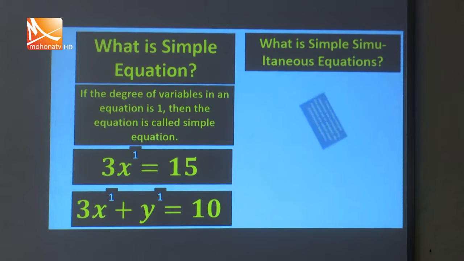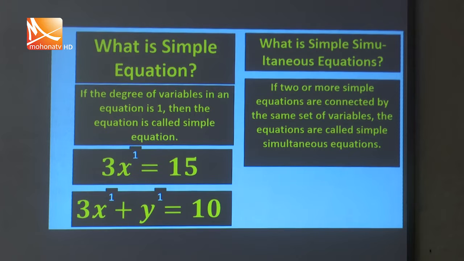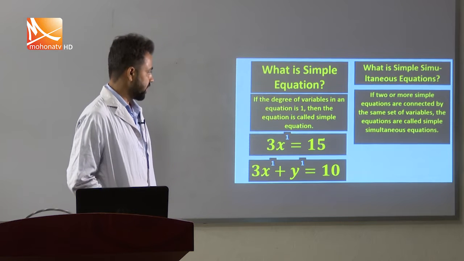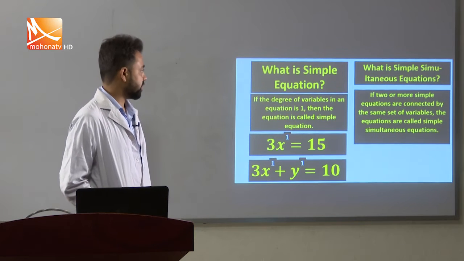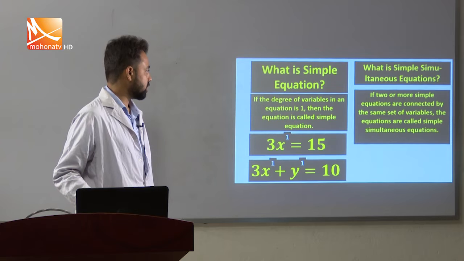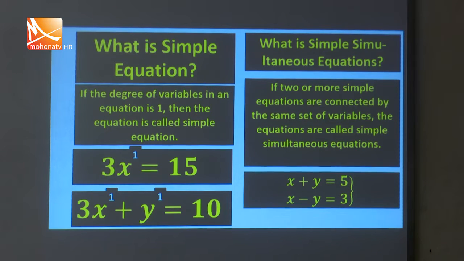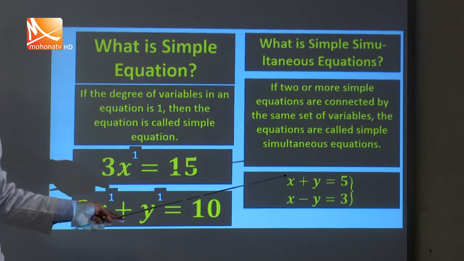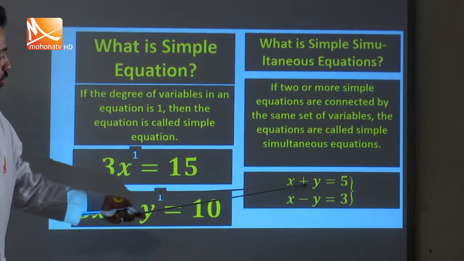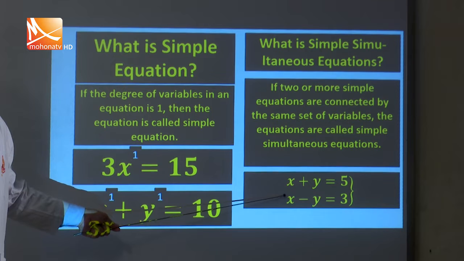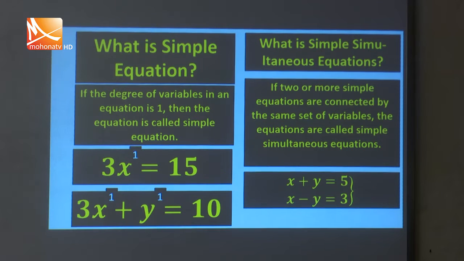Okay. So, simple simultaneous equation, if two or more simple equations are connected by the same set of variables, the equations are called simple simultaneous equation. Students, you observe there are two simple equations here, and these two simple equations form a group.